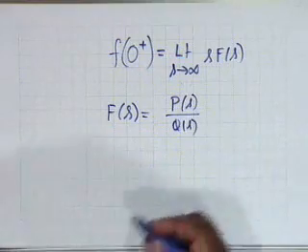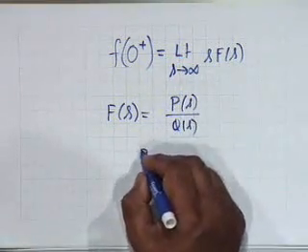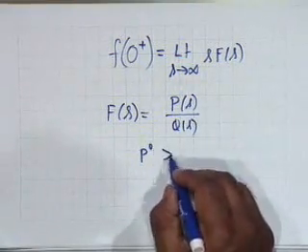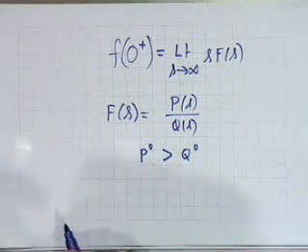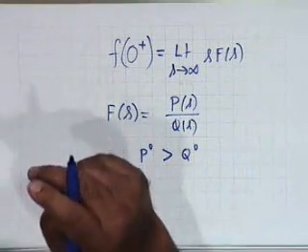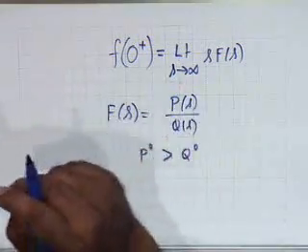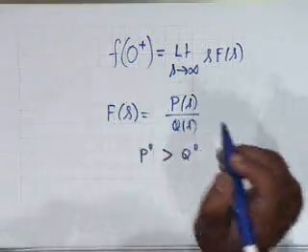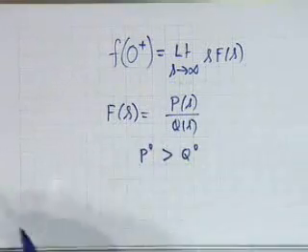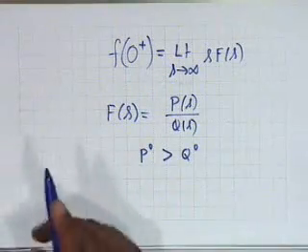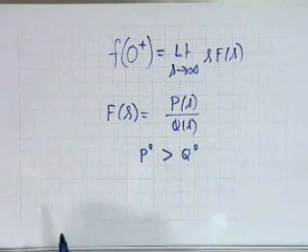Suppose the degree of p is greater than the degree of q. If the degree of p is greater than the degree of q, will the initial value theorem hold?